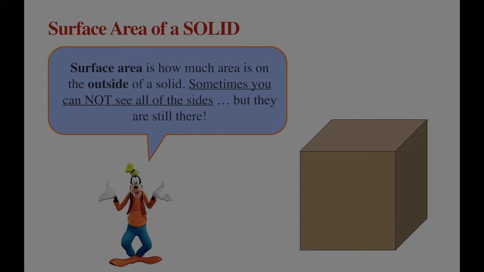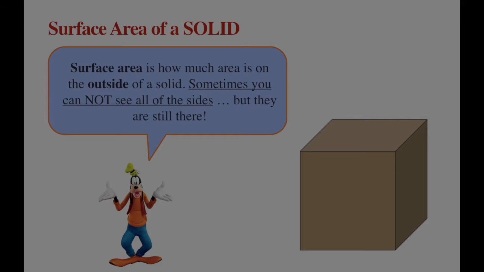Let's first make sure we understand what we're talking about when we talk about a solid. When you're talking about surface area, you're talking about how much area is on the outside of the solid. You can't always see all sides. We look at this thing here, and it's called a cube. We know cubes have 6 sides. You imagine a dice.